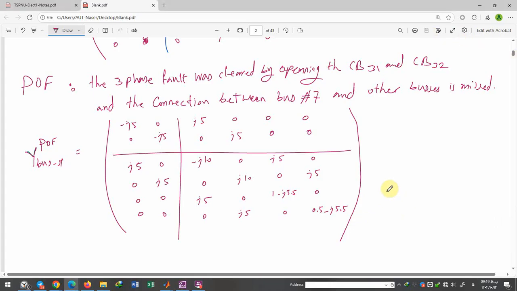This would be Y-bus stability in post-fault.